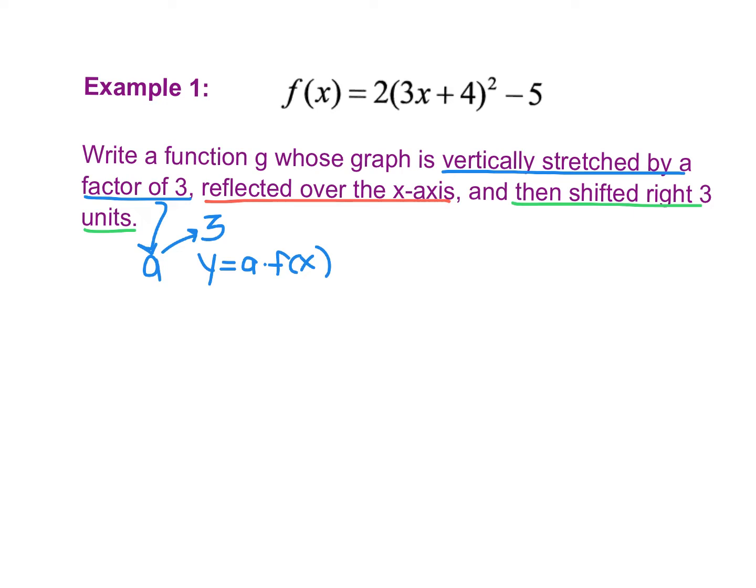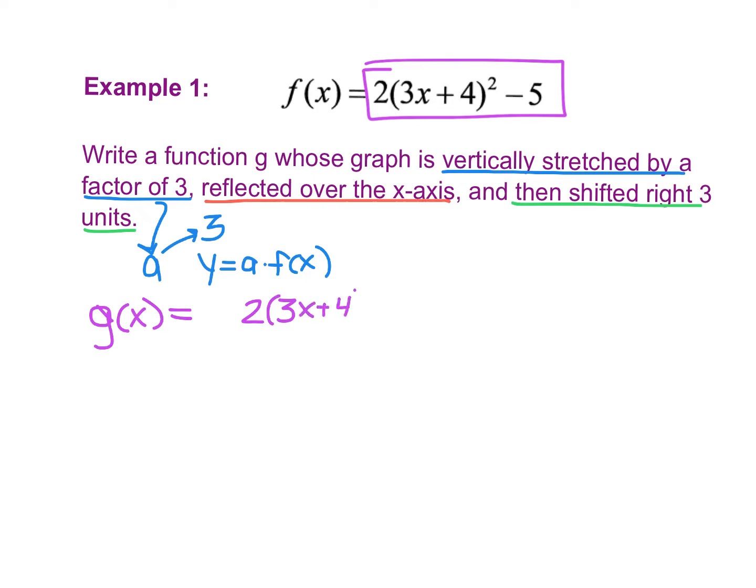So we're going to go to our equation here. We have g of x is equal to, we're taking this entire function here, so we have 2, then in parentheses 3x plus 4 quantity squared minus 5, and we're going to take that entire thing and multiply it by our a value of 3.